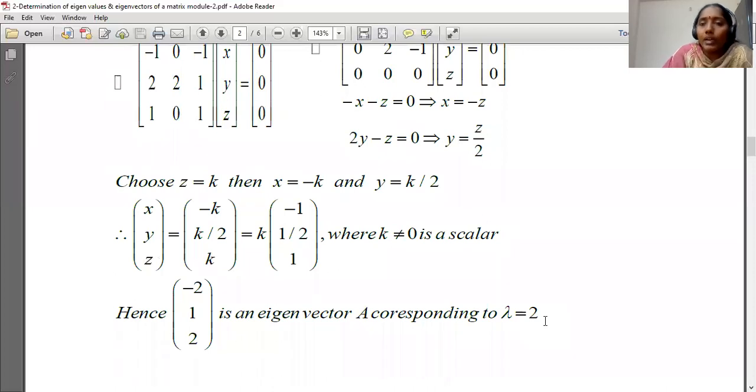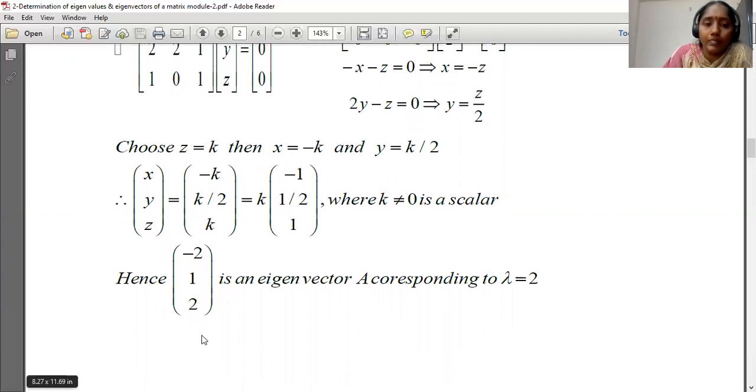So remember one point, eigenvalues are unique, but eigenvectors are not unique. There exist infinite number of eigenvectors, but all are constant multiples of each other. So here k has infinite possible values, any number except 0. If we consider k as 2, only for our simplification, that gives minus 2, 1, 2 as an eigenvector.